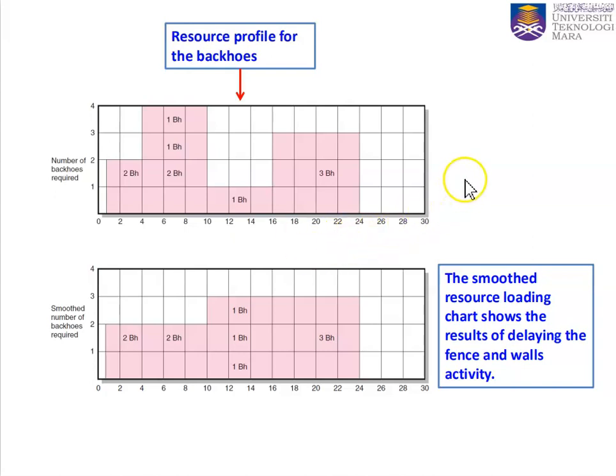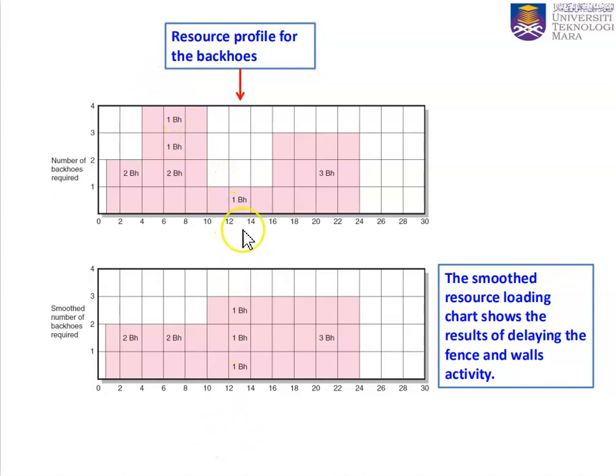The resource leveling or smoothing that we can adapt here is that we can move the activities with the least risk, which is the most slack, to a different date, delaying the activities. This is what we call resource smoothing, without adding more time to the project.